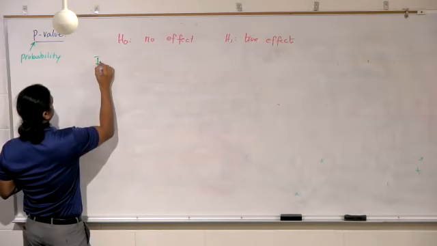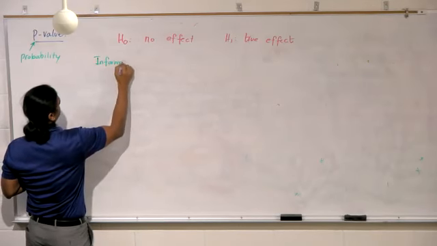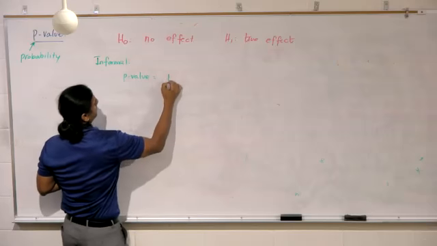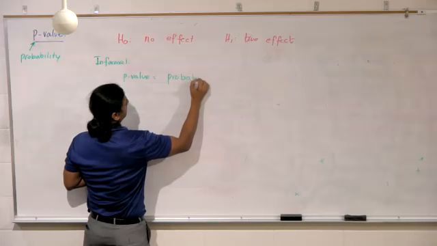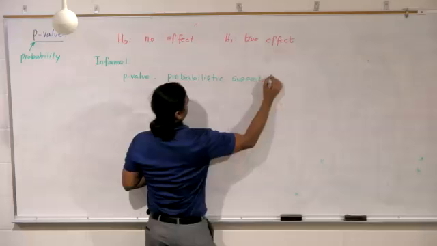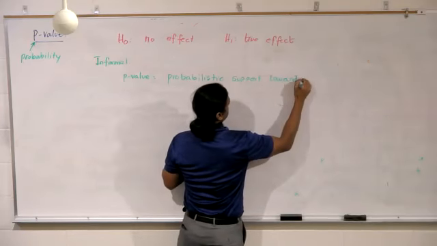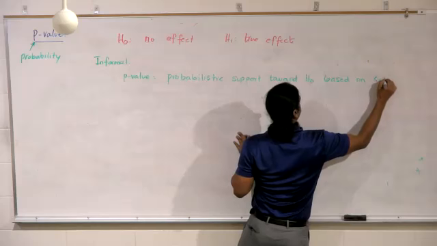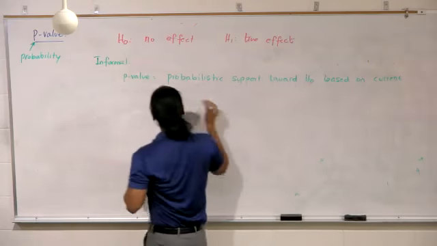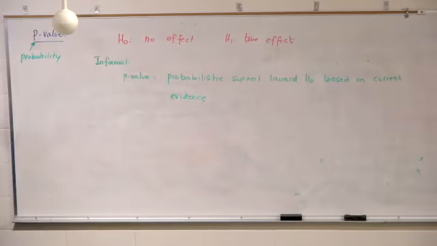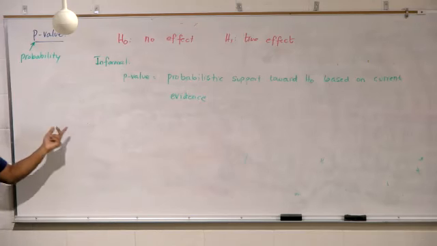The first informal definition. Because at the end of the day, interpreting p-value is more important than finding the number.